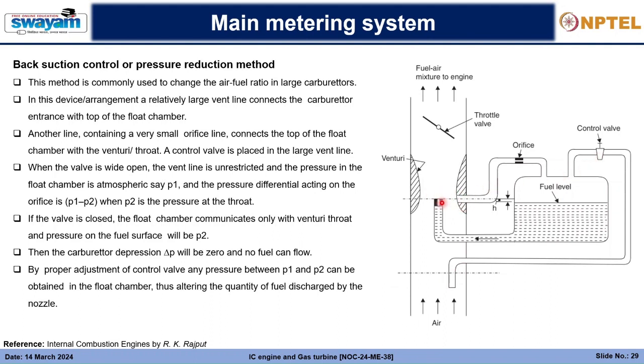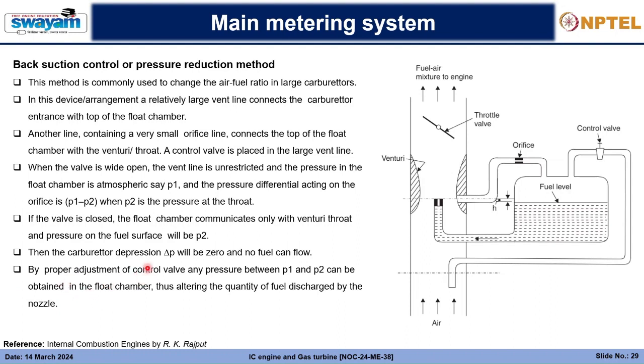Now the pressure in here will be equal to the pressure out here. The fuel will not move, because the pressure differential is now 0. The carburetor depression will be now 0 for the fuel to move. In that case, no fuel will be supplied and it will result in a very lean mixture.